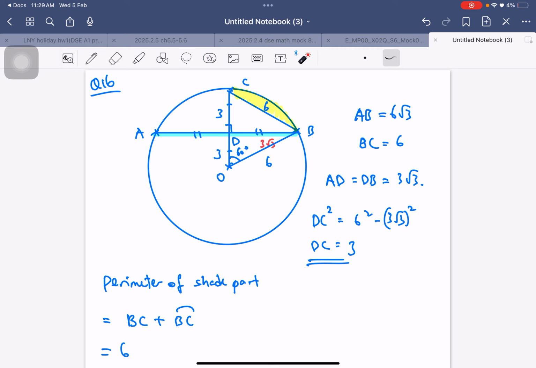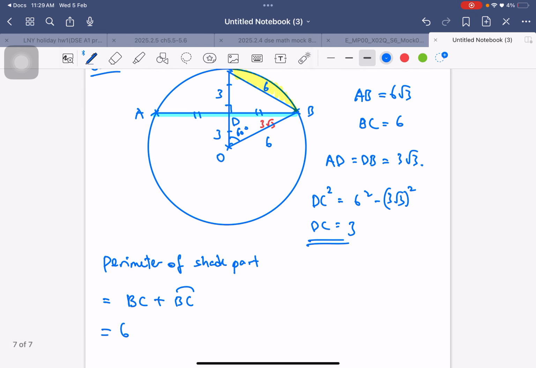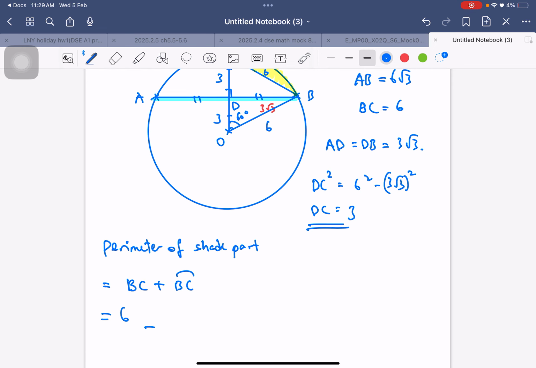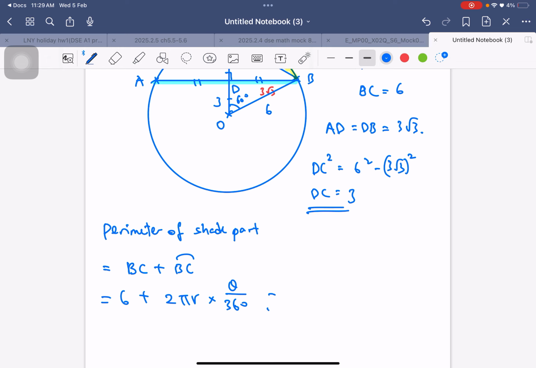But how are you finding this arc length? This is a sector. Plus 2 pi r times theta over 360. But what is the radius again? It's 6. So 2 pi times 6. What is the theta? 60 degrees, because it is an equilateral triangle.